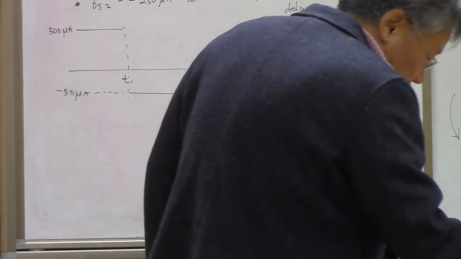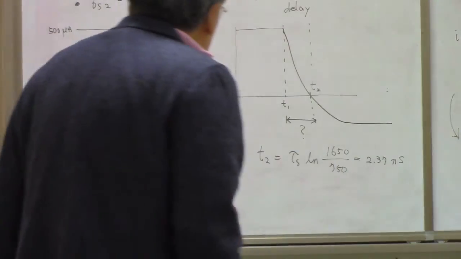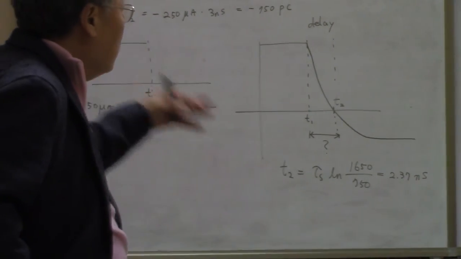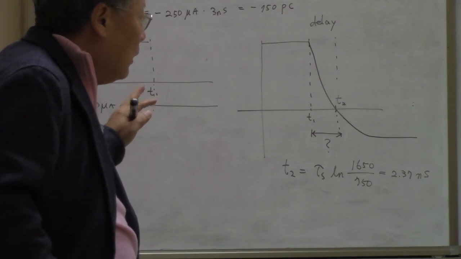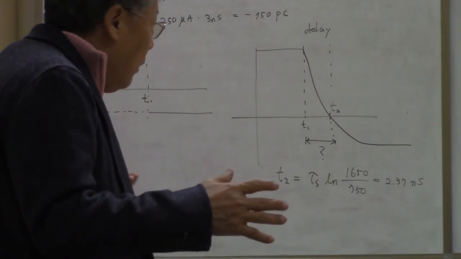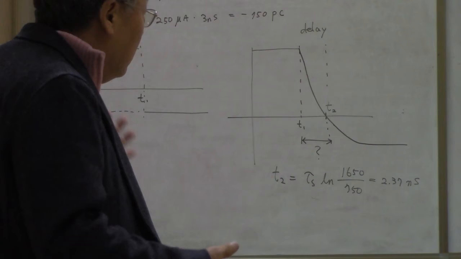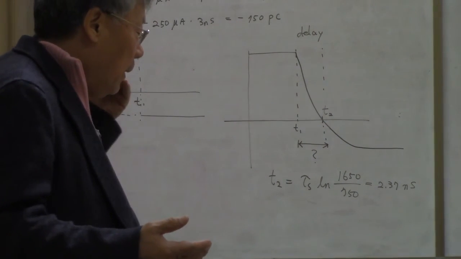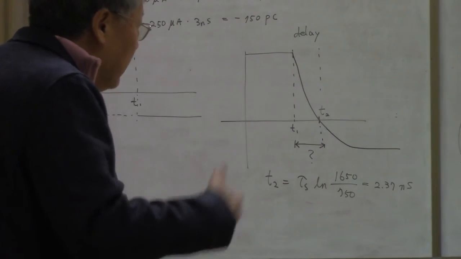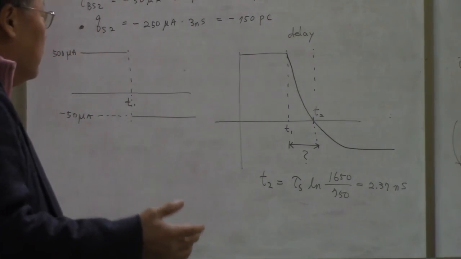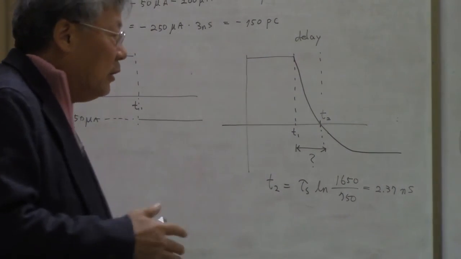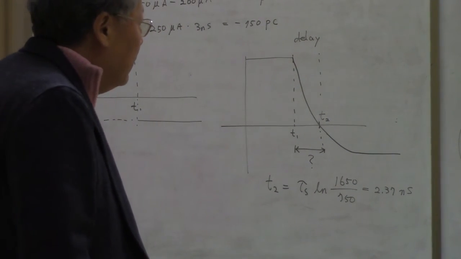Okay? That is the simple examples, number one and number two, to explain what's going to happen when you apply the forward bias at the emitter-base and the forward bias at the base-collector, so that you have a saturation mode of your device.